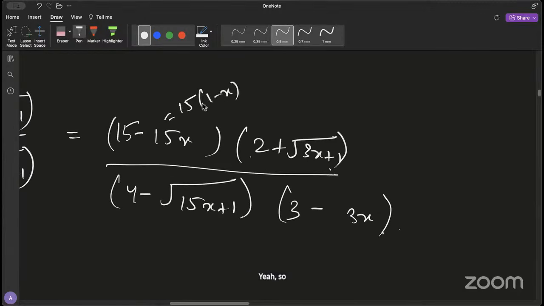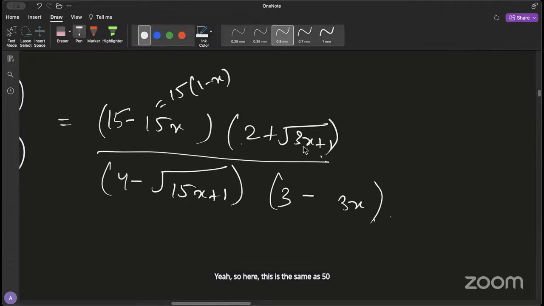Yeah. So here, this is the same as 15. So we have a factor 1 minus x here, and we have a factor 1 minus x here.